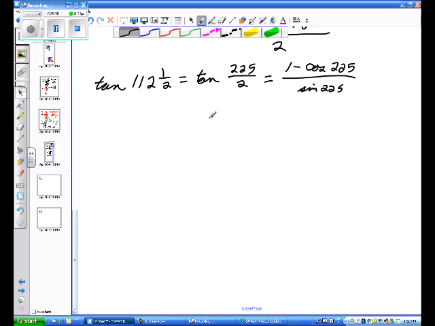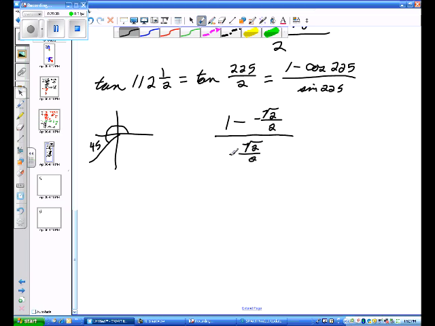We didn't have to worry about the plus or minus because that was taken care of when we got this formula. So what we have is 1 minus, our reference angle, as I said, is 45. And the cosine of 45 is the square root of 2 over 2. But we're in the third quadrant, so it's negative. Over the sine would be square root of 2 over 2.